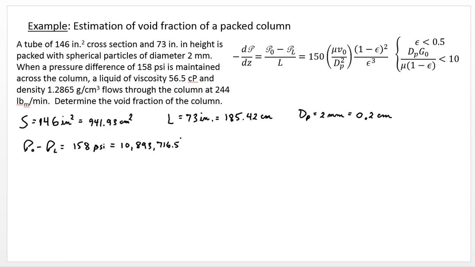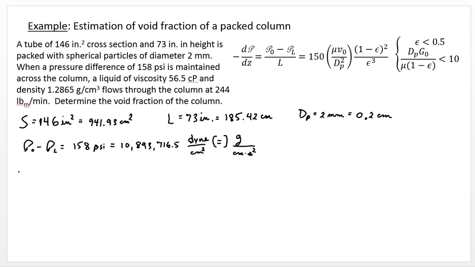A few too many significant figures here. Dynes per centimeter squared. Let's say, well, what's a dyne going to be here? So we put this in bracketed units, and this is actually grams per centimeter times second squared.